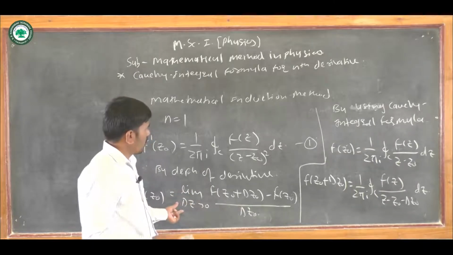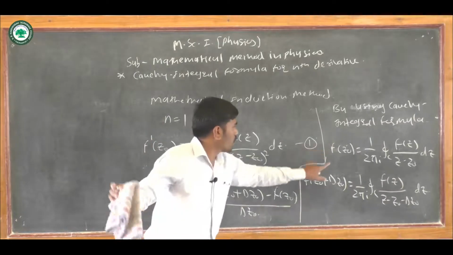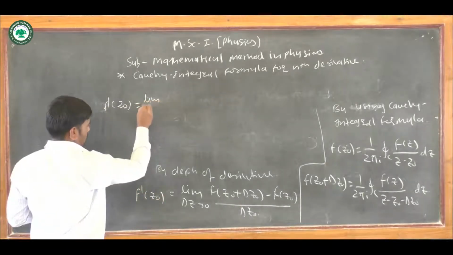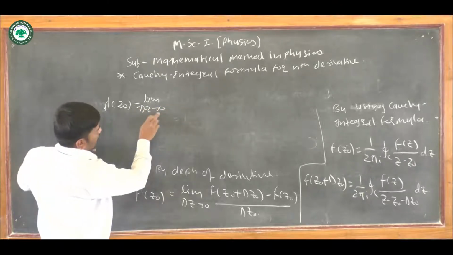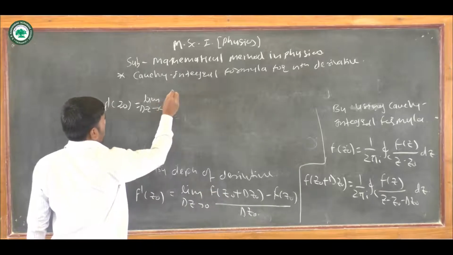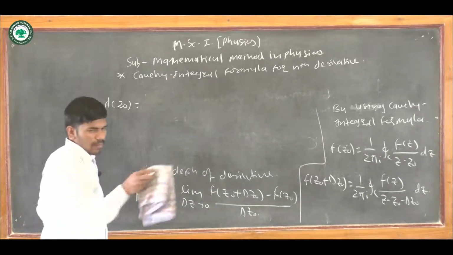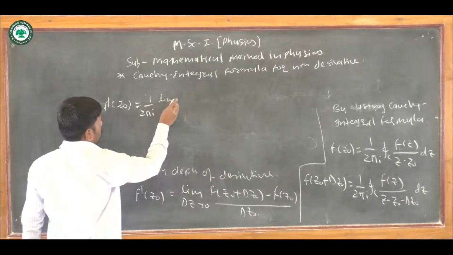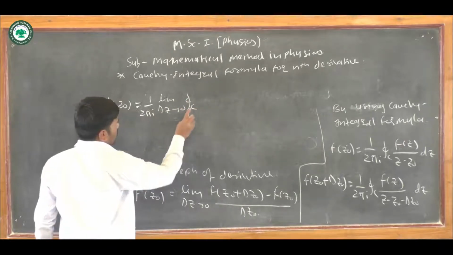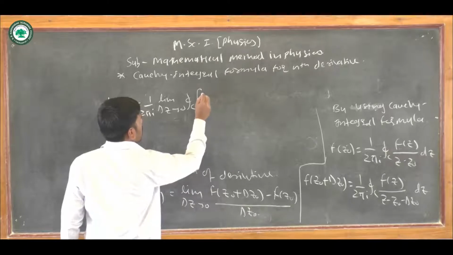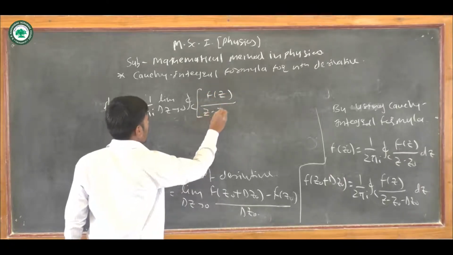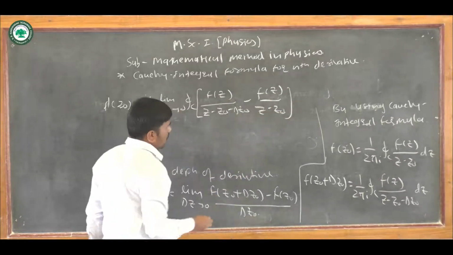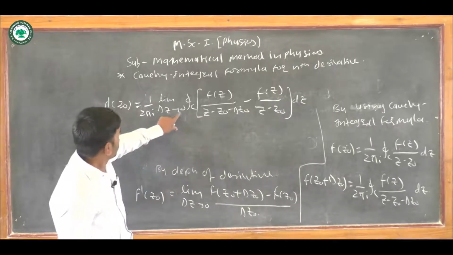So I replace these two expressions. f prime of z naught is equal to the limit as del z approaches 0 of 1 by 2 pi i, taking it common, closed integral over C of the bracket f(z) divided by (z minus z naught minus del z) minus f(z) divided by (z minus z naught), dz.